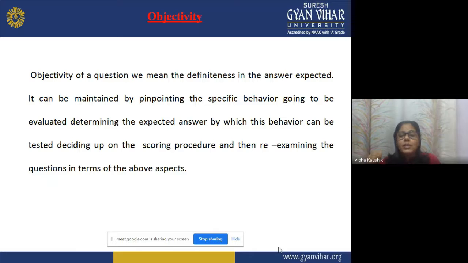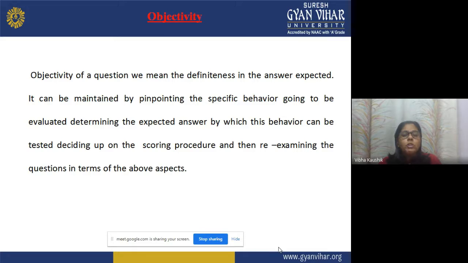Now, how can the definiteness in the answers be maintained? They are saying that it can be maintained by pinpointing the specific behavior, that this is the specific behavior that we are going to evaluate through the test.